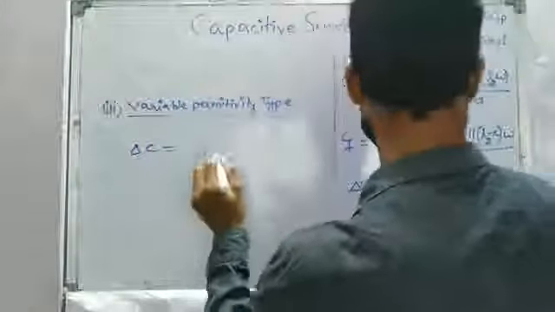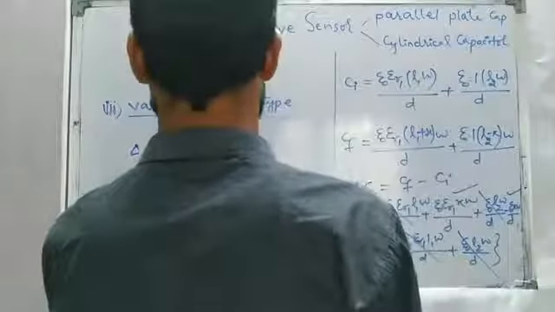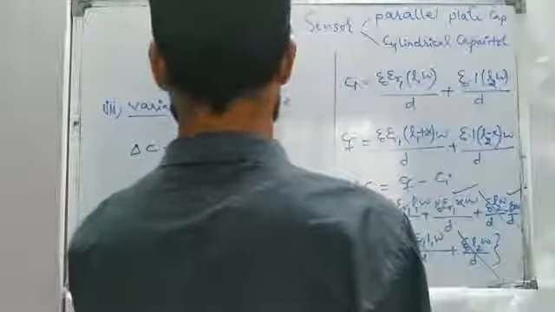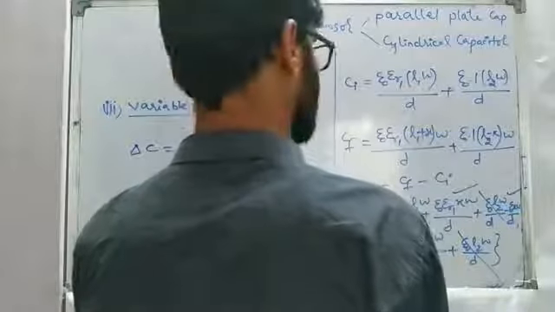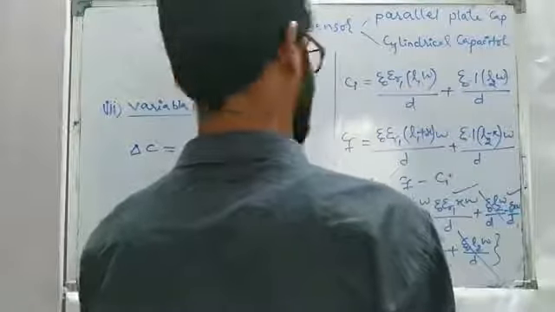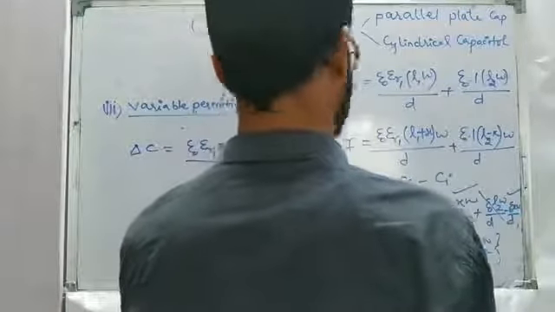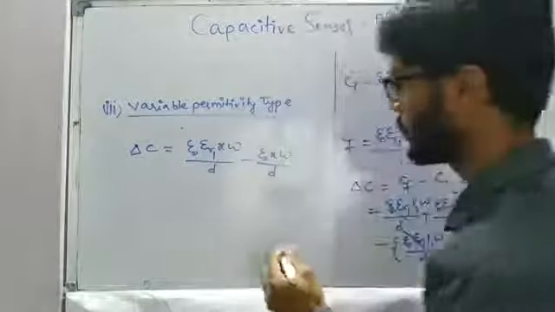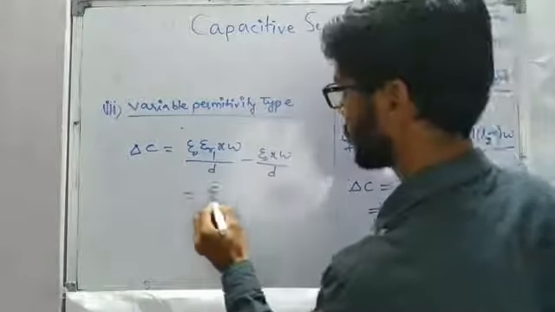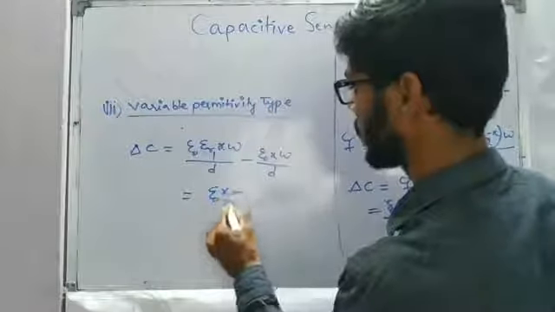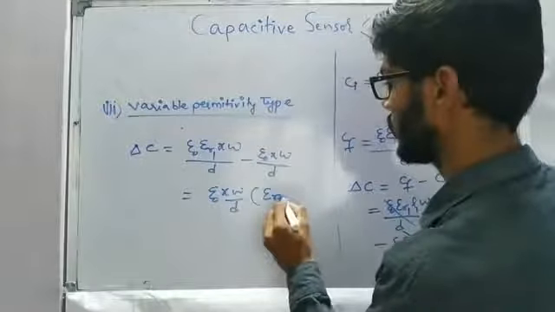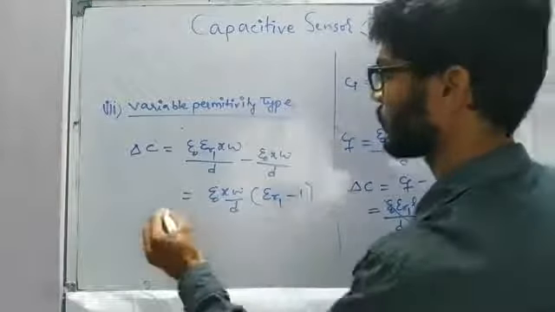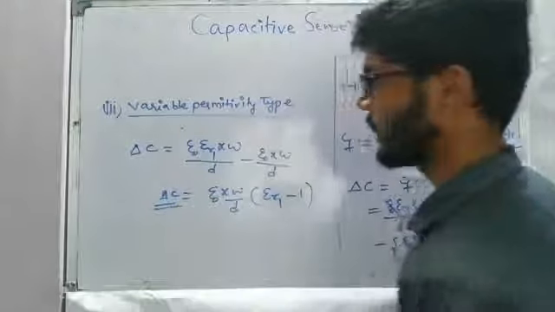So delta C is going to be epsilon naught epsilon r1 x w by d minus epsilon naught x w by d. So it will simplify as epsilon naught common, x w by d is also common, and here it is er1 minus 1. So this is going to be the change in the capacitance.